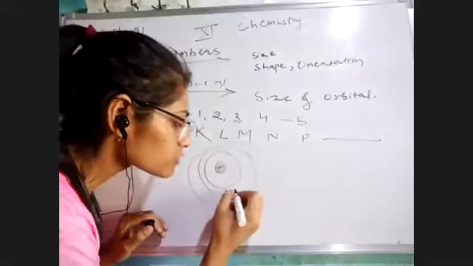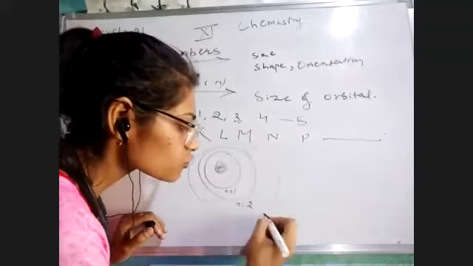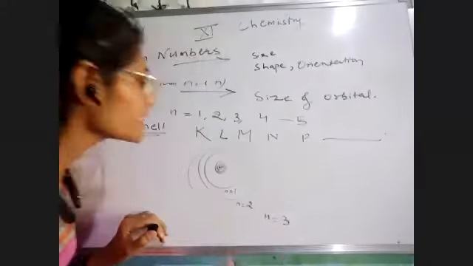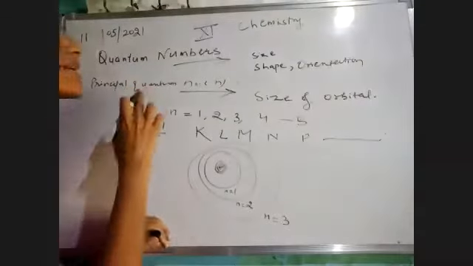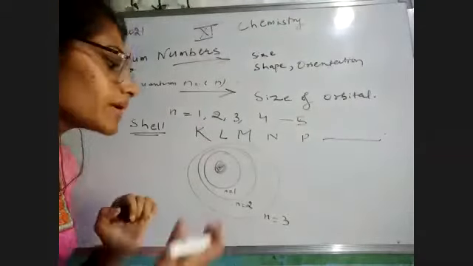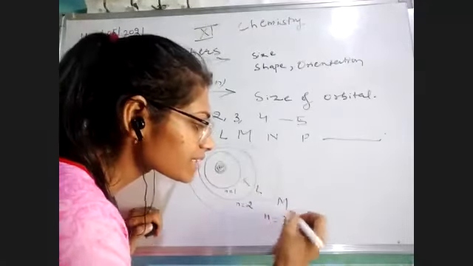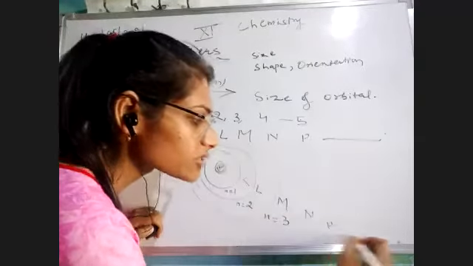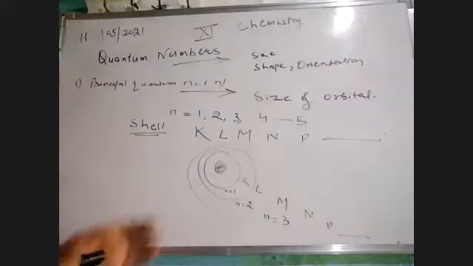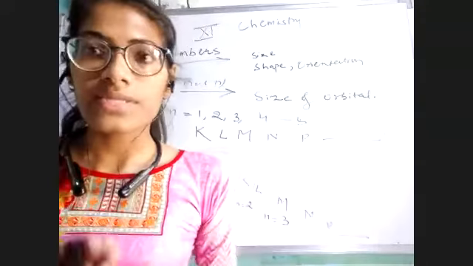Suppose this is n equals 1, this is n equals 2, this is n equals 3. This n represents the principal quantum number, and it gives us the values. Suppose this is K, this is L, this is M, this is N, and so on. Okay, these K, L, M, N represent the shells.